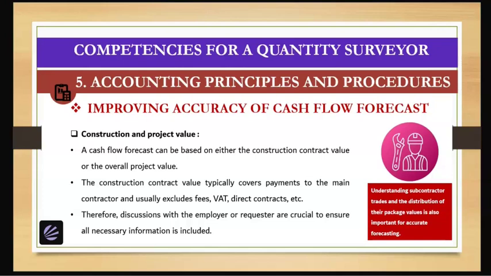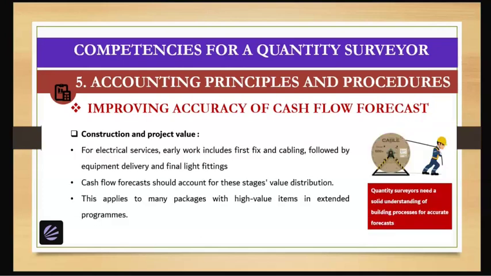Understanding subcontractor trades and the distribution of their package values is also important for accurate forecasting. Also, for example, in the case of electrical services, the early work includes first fix and cabling, followed by equipment delivery and final light fittings.